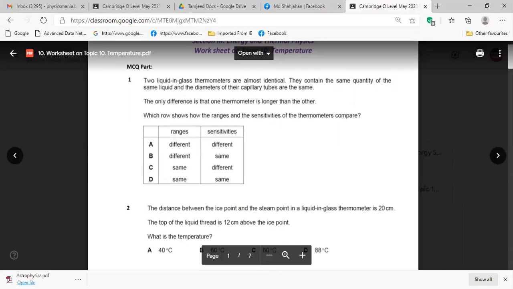They are almost identical. The only difference is that one thermometer is longer than the other. So if one is longer than the other, then there will be a change in range, right?